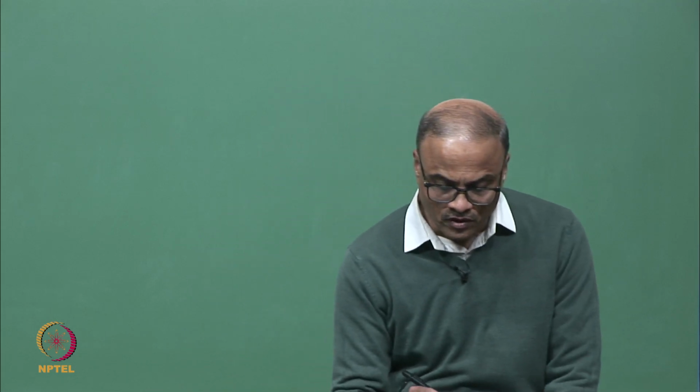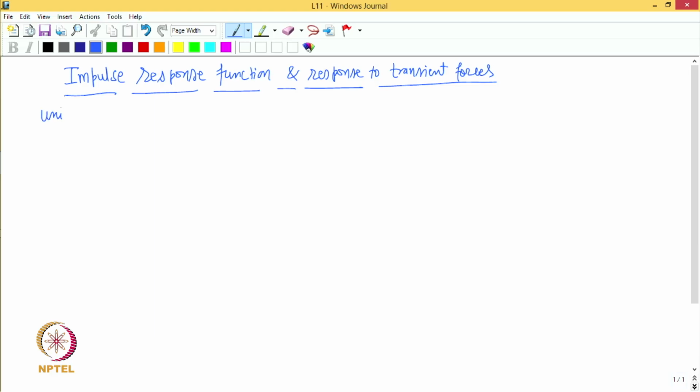So, let us first of all define what is called a unit impulse. Impulse basically is, if we consider a force acting for a short duration, then impulse is the product of the force and the time duration, assuming the force is constant over the time over which it is acting. Okay.